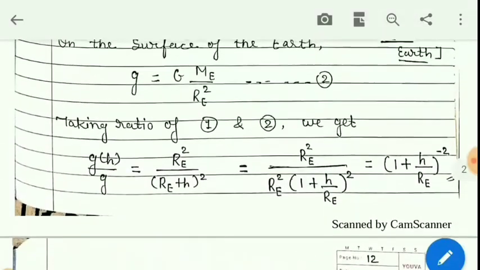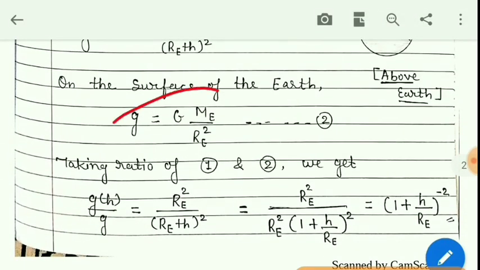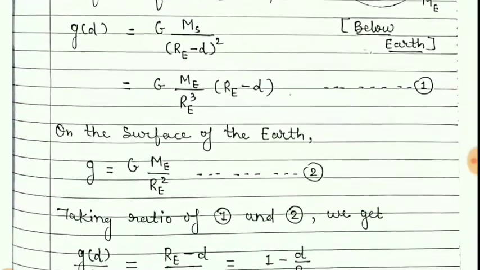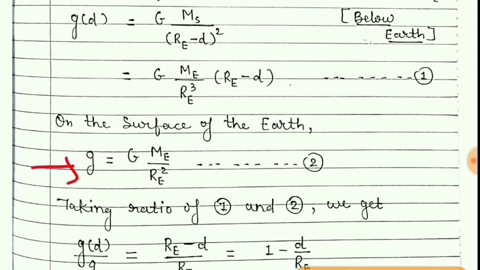See, here also we have written this equation and compared it in the case of height. So here in the case of depth also we have written this. Now we will compare equation number 1 and 2. Compare means we will take the ratio of both these equations.